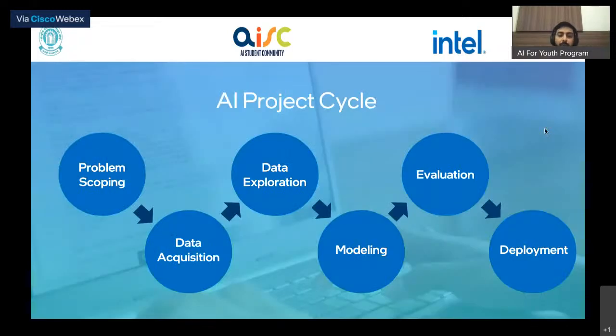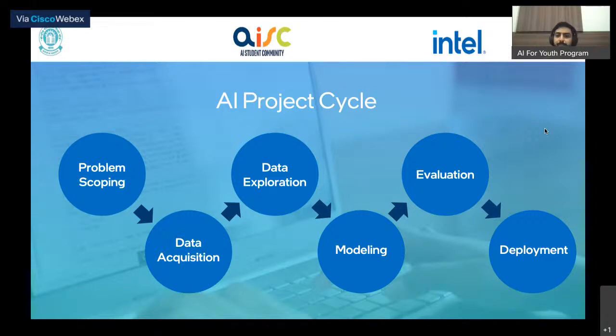So with this, we come to the end of the modeling stage. Now the final two stages are evaluation and deployment. Starting with evaluation, we see how our model performs. We have created the model, and now we will check how it is performing.